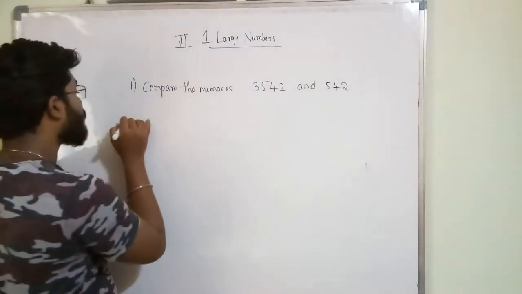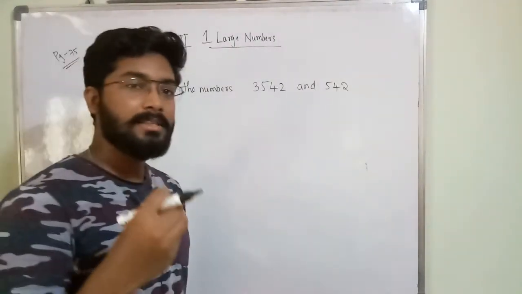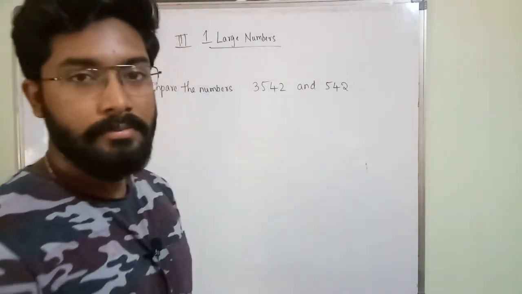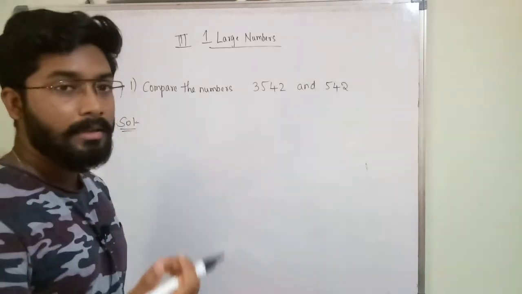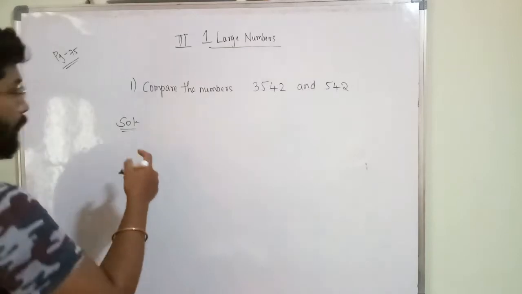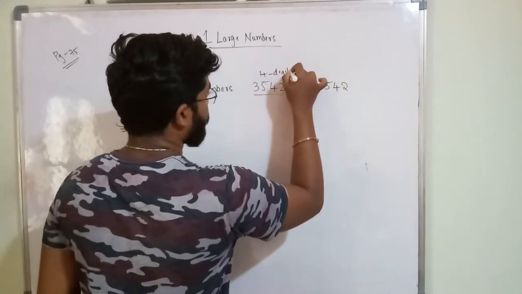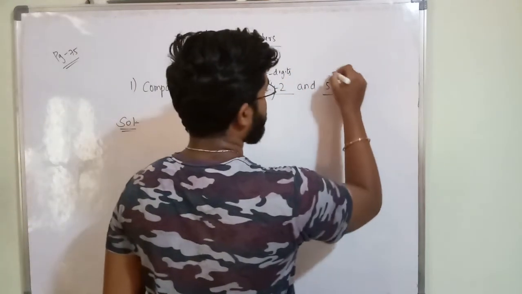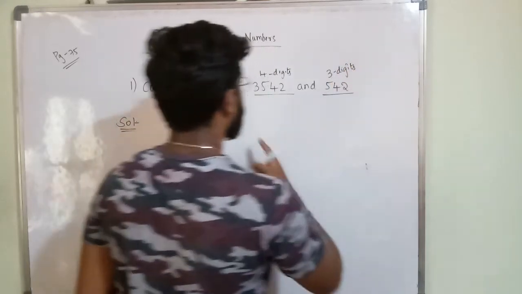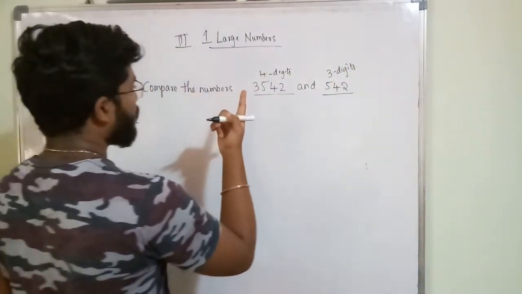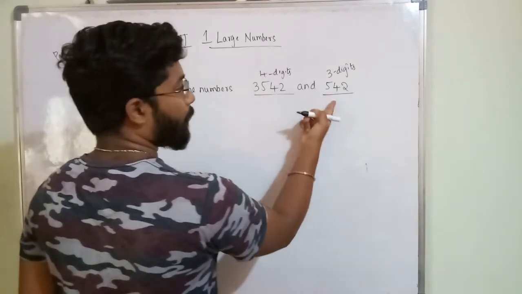There is one point: the number which has more digits will be the greater number, and the number with fewer digits will be the smaller number. Here this number has 4 digits, but this number has 3 digits. So the number with more digits is the greater number, and the number with fewer digits is the smaller number.